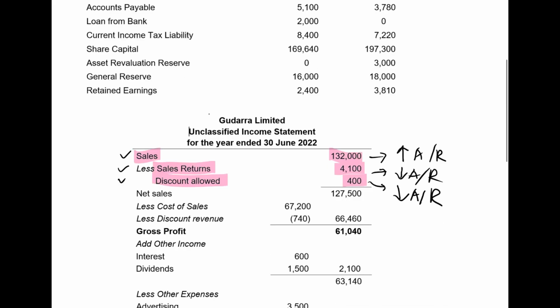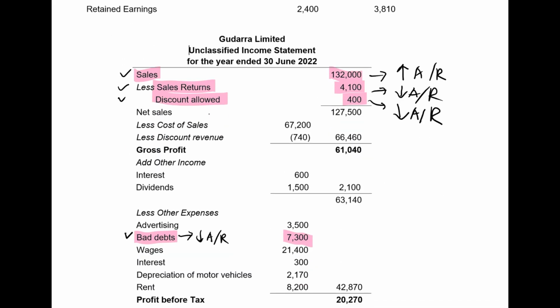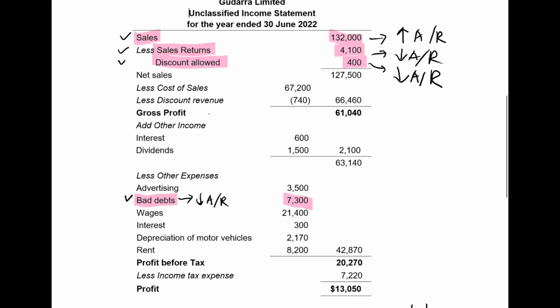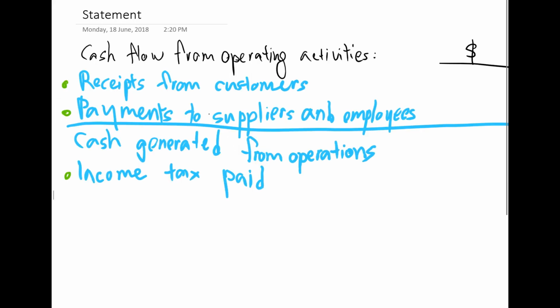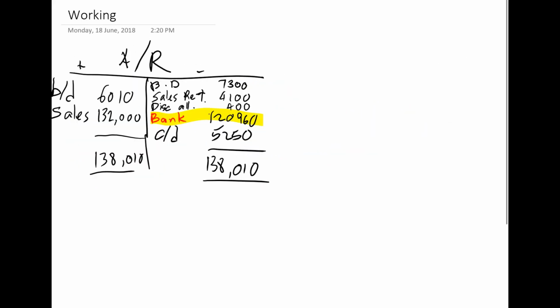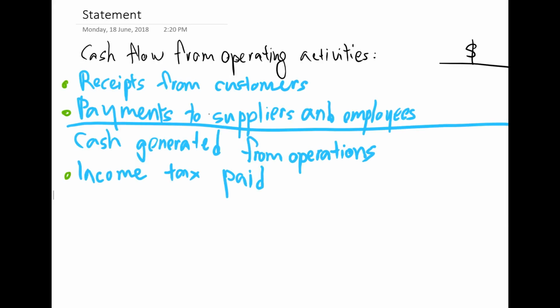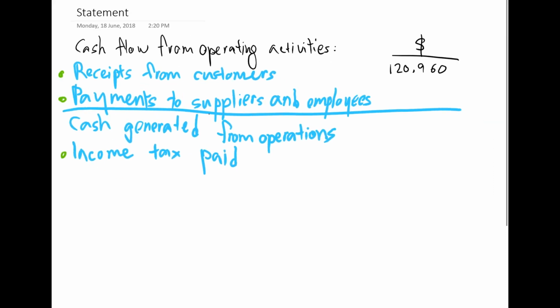In this question there's no rental income and there's no commission income, so you don't need to put it in your statement. So basically your receipts from customers, you would have 120,960. Okay, simple as that.